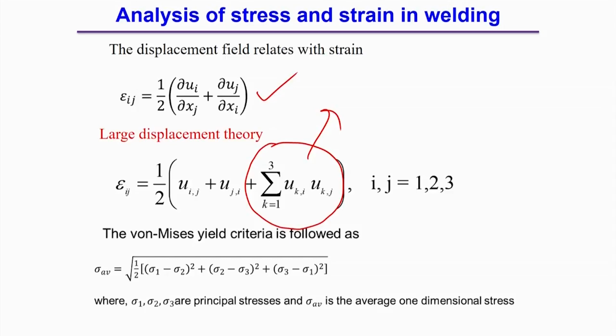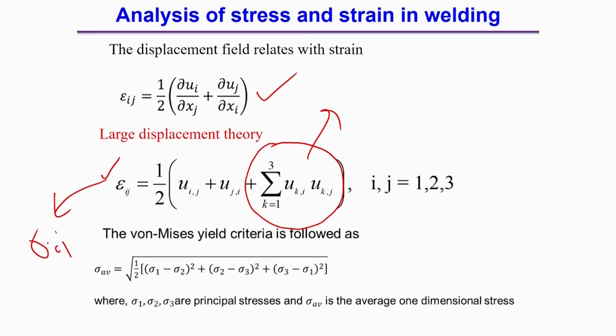Either small displacement theory or large displacement theory we assume, and based on that we simply relate the strain and the displacement. So, once the strain has been estimated, from the strain we can estimate the stress value also.